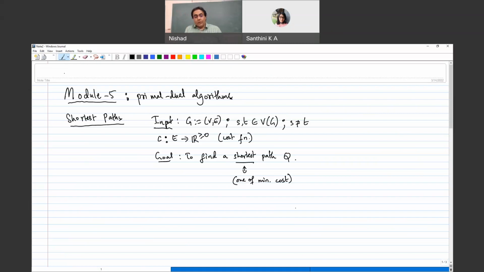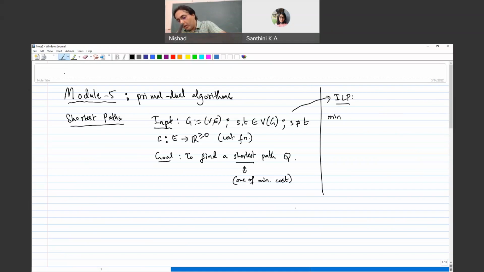All right, so this is the problem we want to solve, but we want to use LP duality theory, right? So let's write down the IP for this problem. We have done this in module 1. So the integer linear program is as follows. We are trying to minimize the cost of the path.